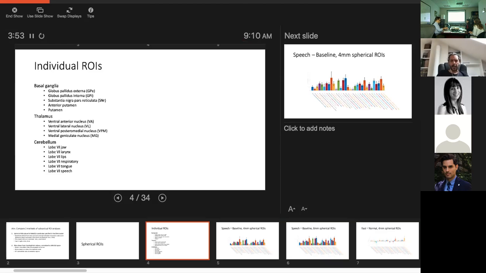And these are all in MNI space, or are they subject specific in any way? These are in MNI space. So then I used your really nice MNI create ROI function to create them. Excellent. Perfect.